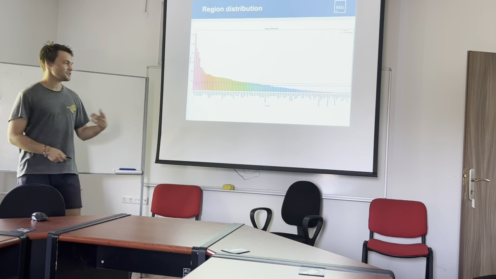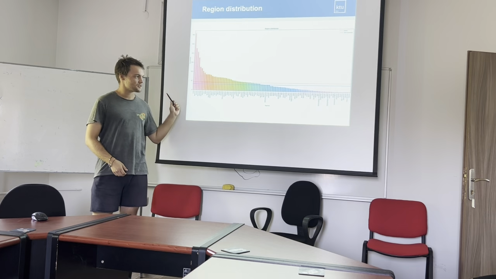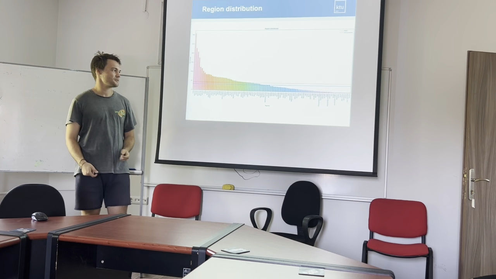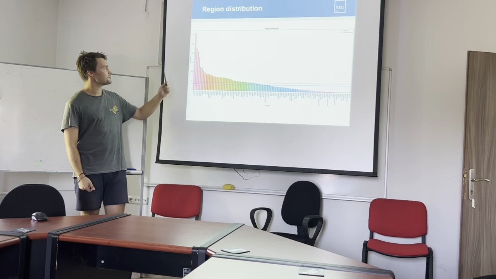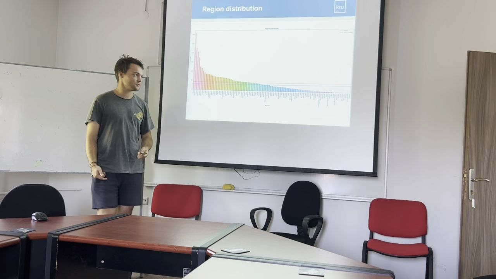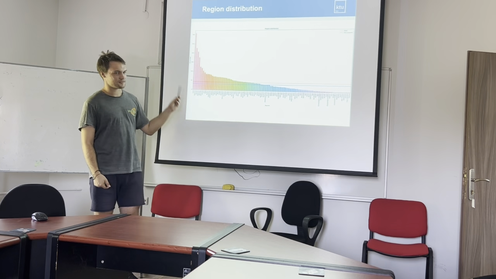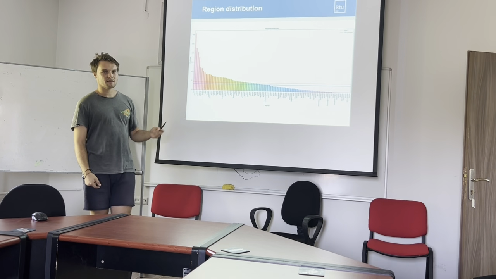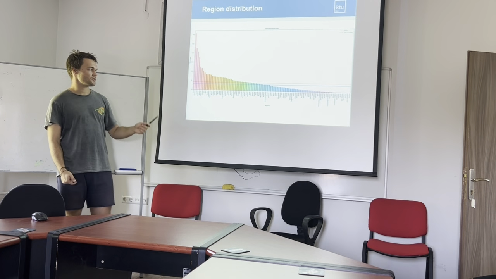Looking into region distribution, here you can see there were 96 different regions. The Sivas region had the most songs, more than 300, and the drop-off is very steep. The red line is the average, and the blue line is the median, which I used later.